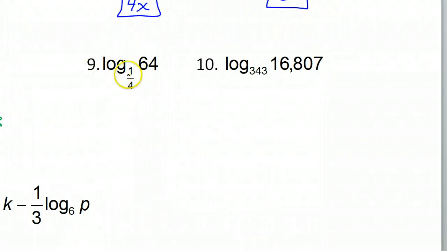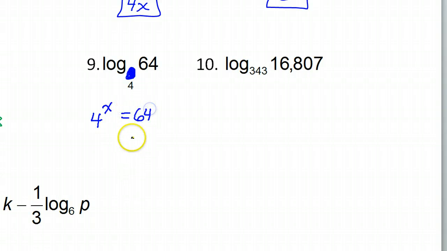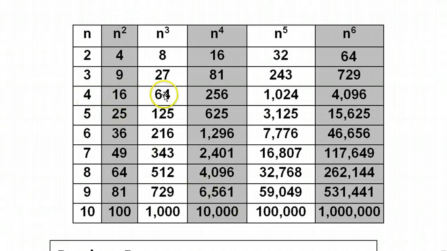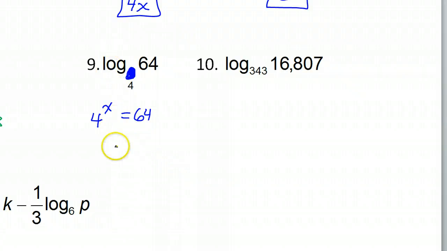Anyway, looking at this one, again, one way to do this is to sort of ignore the 1 for a minute and start by asking yourself, okay, 4 to what power is going to give me 64? Alright, that turns out to be 3. 4 to the third power is 64. Okay, so that would make the answer be 3. But it wasn't 4. It was 1/4.